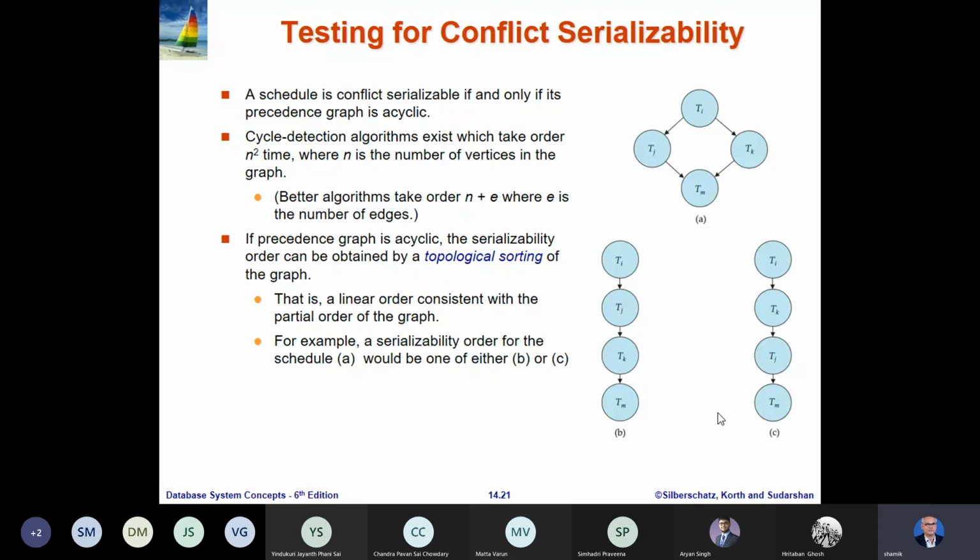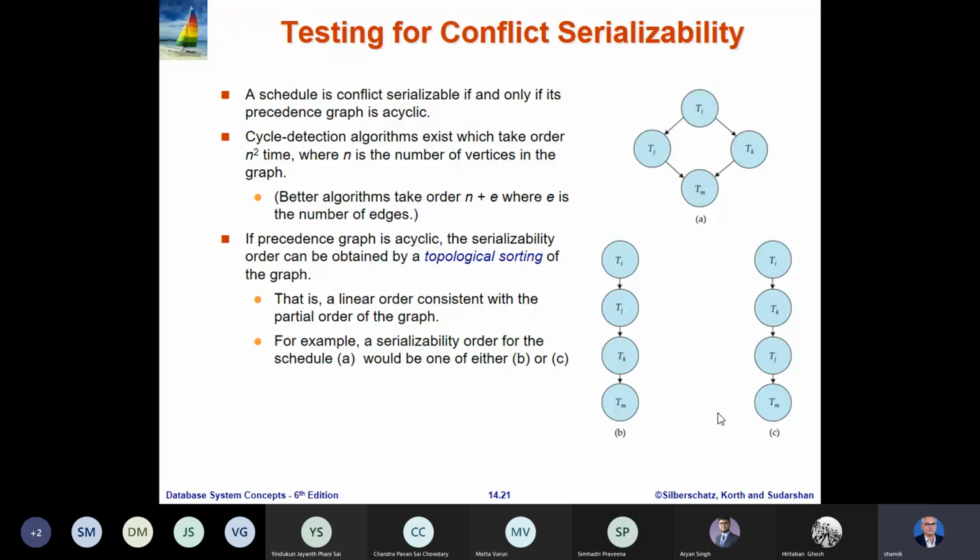That means Ti has to be there first. After that, Tj or Tk, anything will be there, but Tn must be after Tj and Tk. That's what topological sorting means, right? So the ordering of Tj and Tk is not important. The topological sorting of this graph will be Ti, Tj, Tk, Tn or Ti, Tk, Tj, Tn.